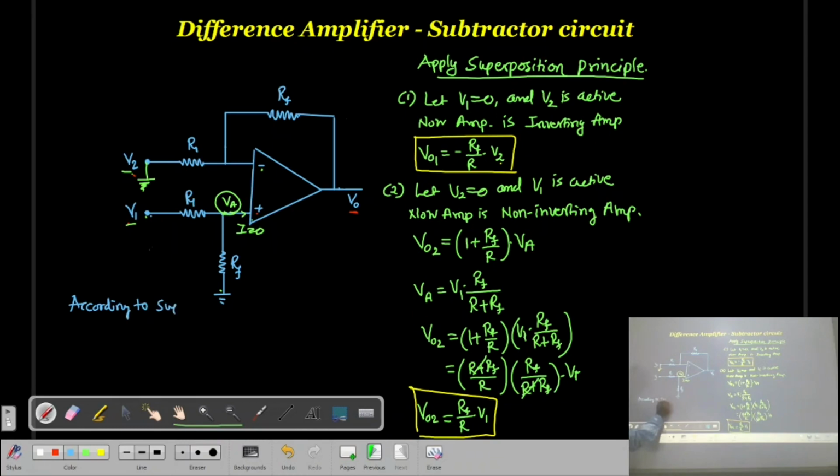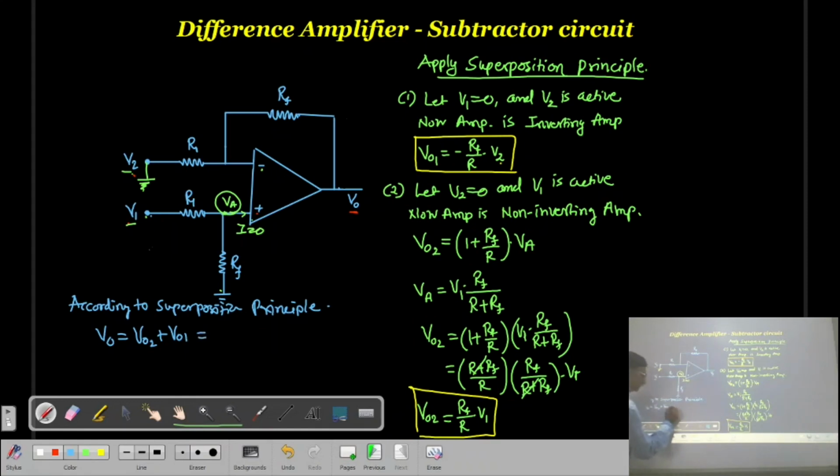According to the superposition principle, the output voltage is given as VO2 plus VO1.